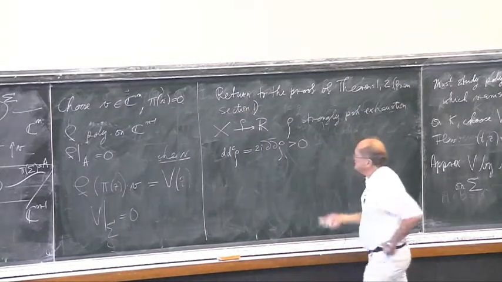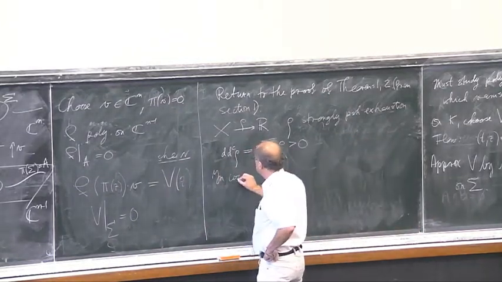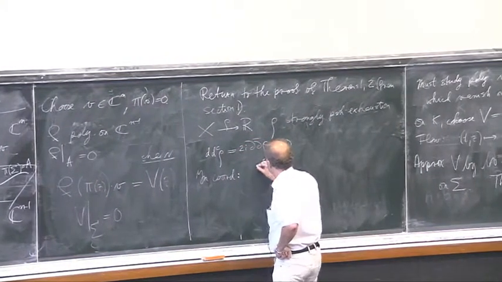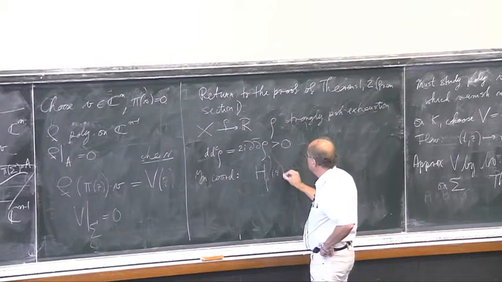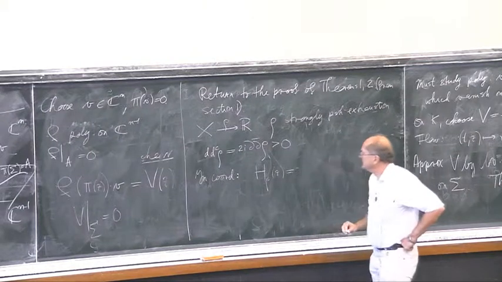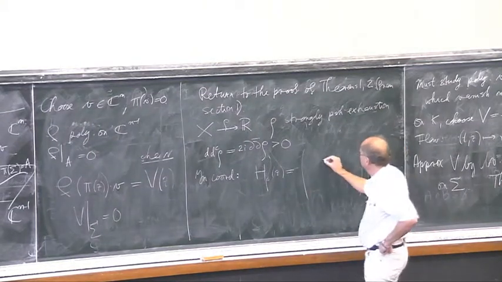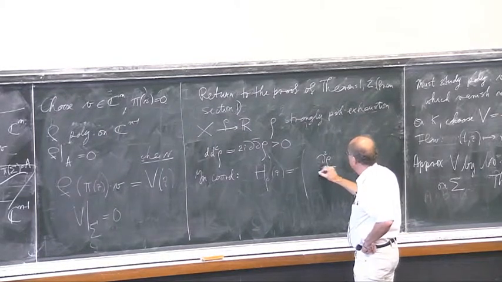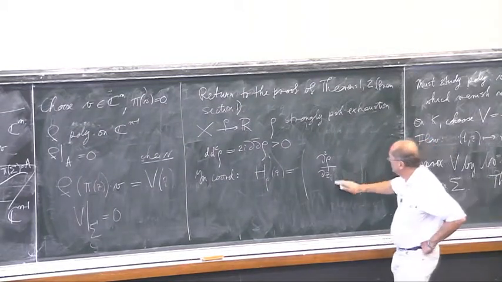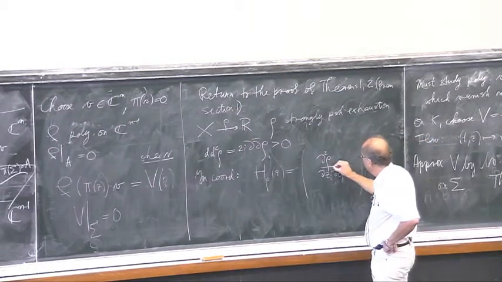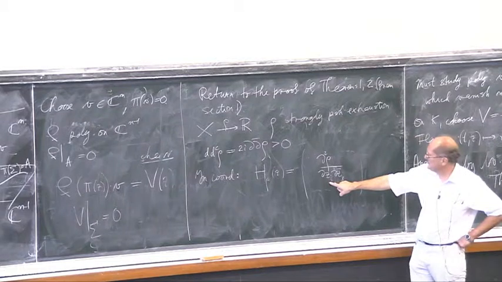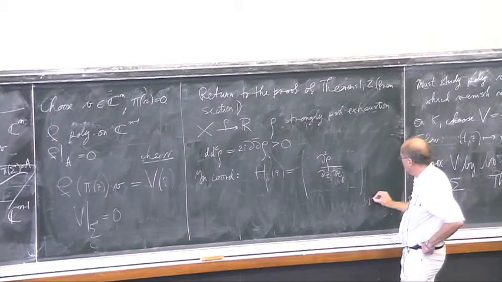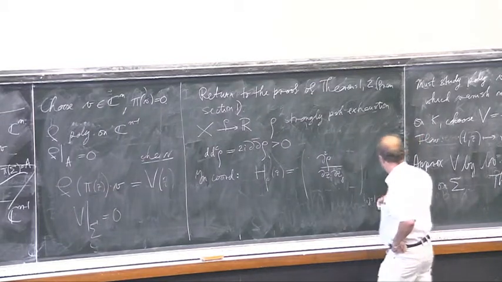And in local coordinates, this means that the Hessian of rho at any point z, the Hessian matrix, which is the matrix of second partial derivatives with respect to mixed variables, so you differentiate with respect to z_i and z̄_j, i, j go from 1 to n.